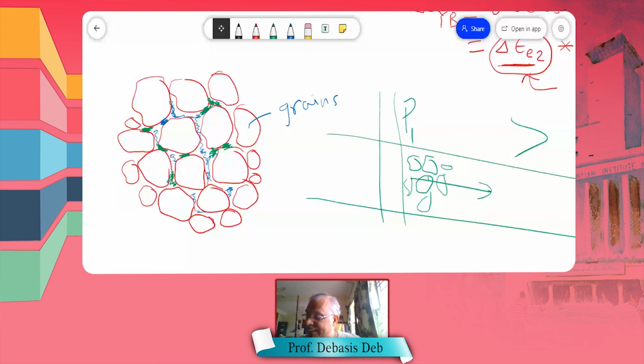So there are some grains and some space, which is this blue color space here. They may be water filled or they may be air filled. And the grains can be connected by adhesive or not. That will also come in the part of solid.